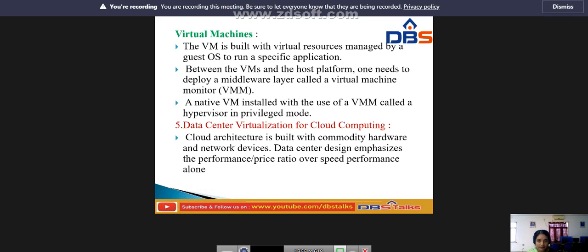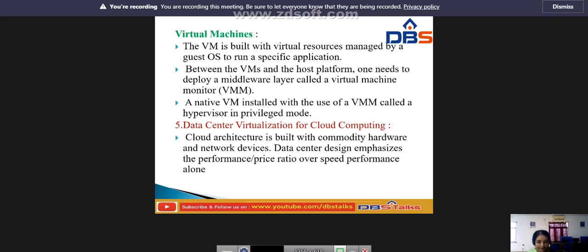Next come virtual machines. A virtual machine is built with virtual resources managed by the guest operating system to run specific applications. Between the virtual machines and host platform, one needs to deploy the middleware layer called virtual machine monitor, VMM. A native VMM is installed with the use of VMM called a hypervisor in privileged mode.